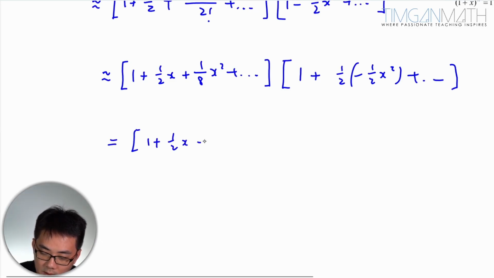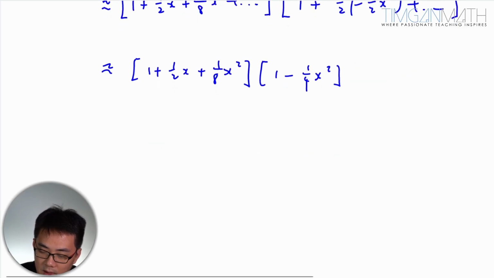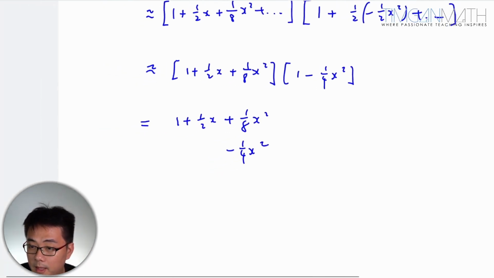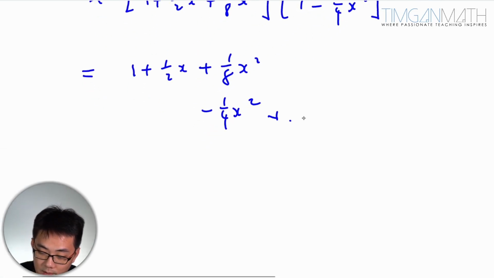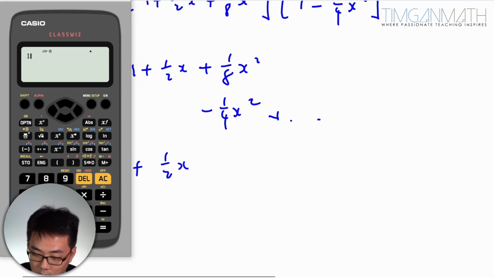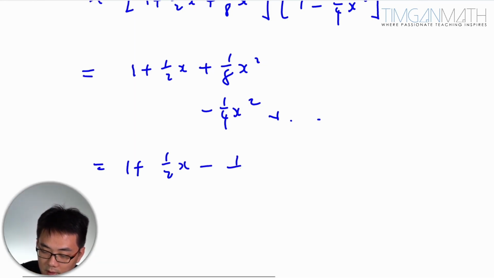Then just expand this: 1 times 1 is 1, then minus 1/4 x squared here. Alright, let's see what we get. This will just be 1 plus half x, and 1/8 minus 1/4 will be minus 1/8 x squared.